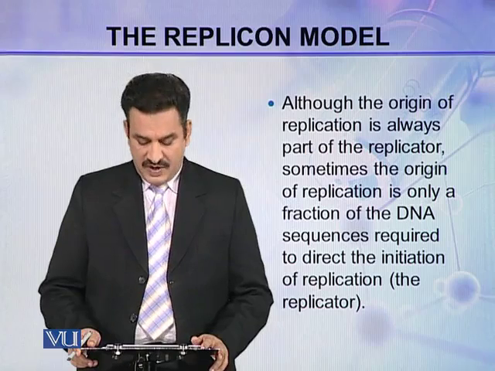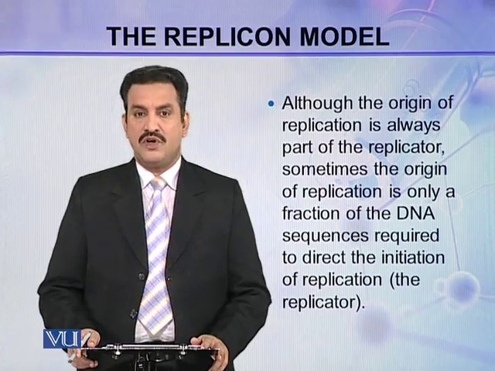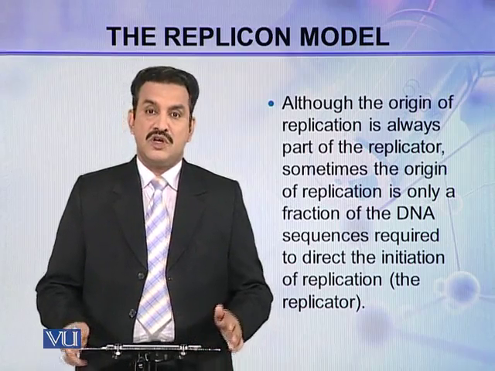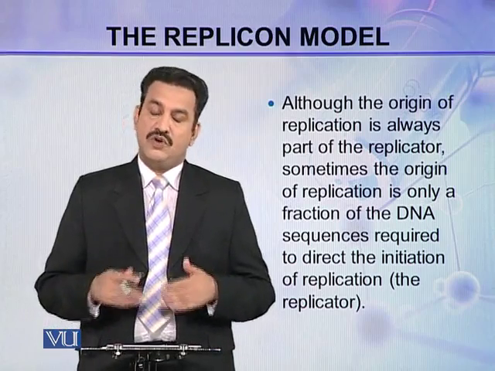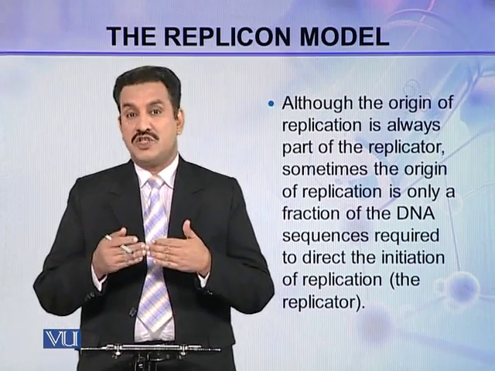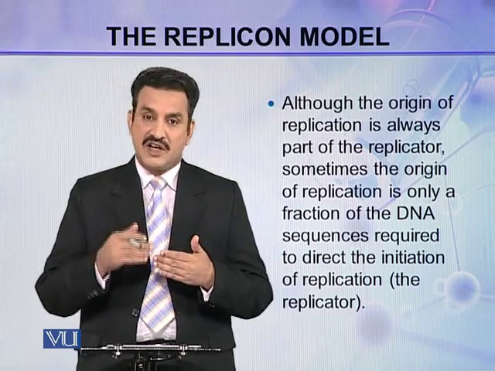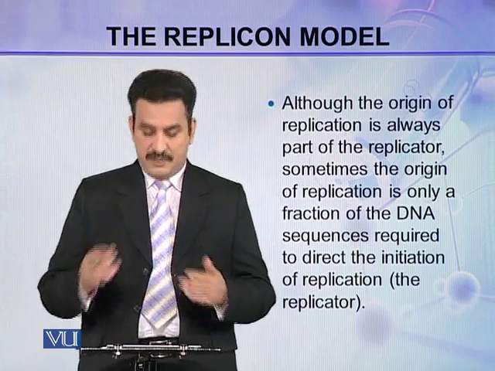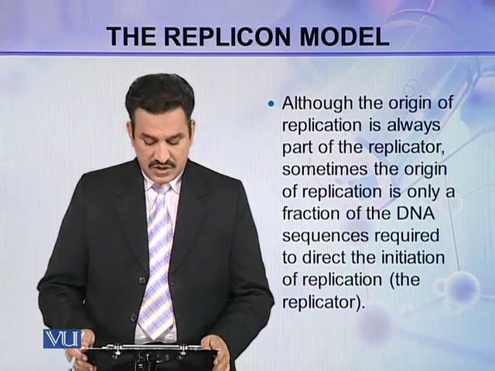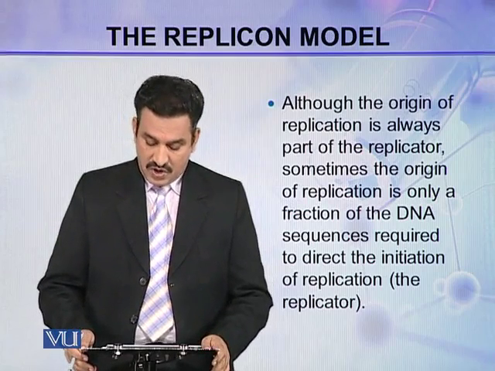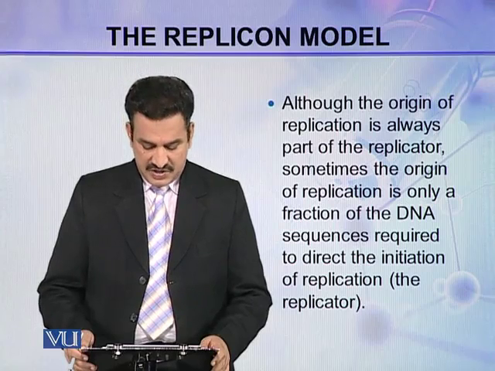Although the origin of replication is always part of the replicator, because the replication will always start from that particular sequence, that sequence will direct the initiation of replication. So the origin of replication will always be part of the replicator.